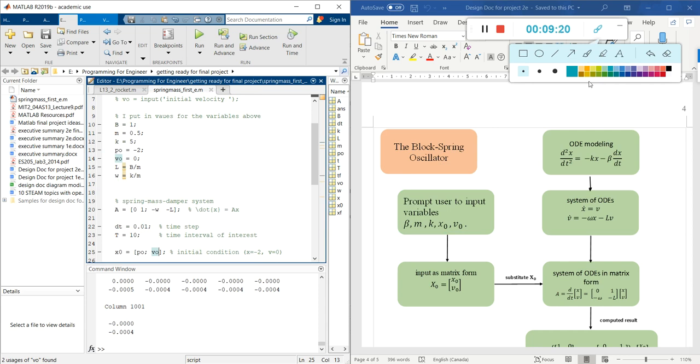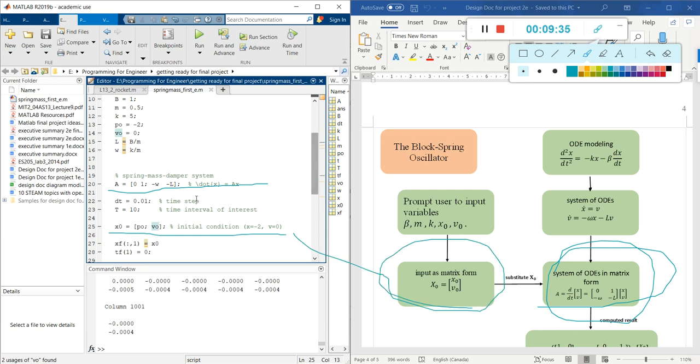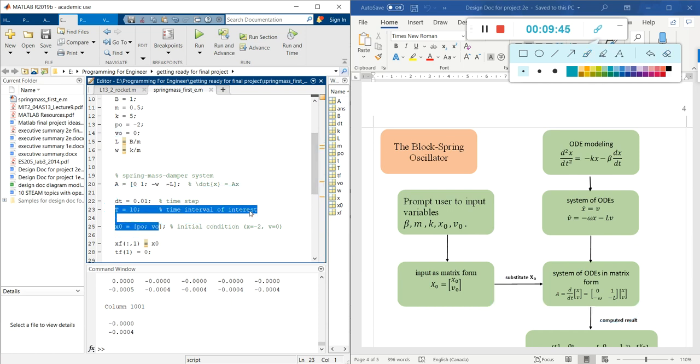And then I set up the matrices, also the initial condition vector. The increment, I put it as dt equals 0.01. The time interval of interest, I set it as 10 seconds because I assume that the oscillation would have come to a halt in 10 seconds.